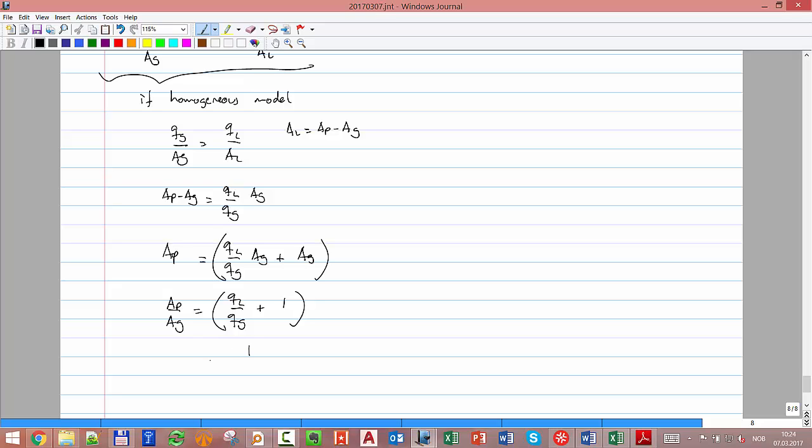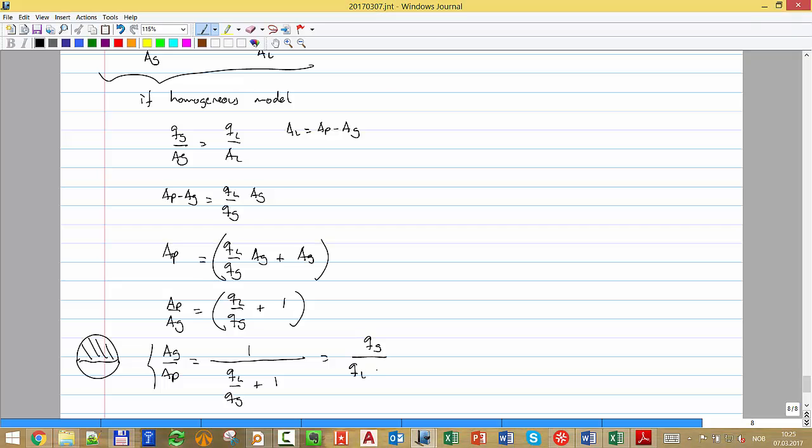Then I take the inverse of that and I obtain AG over AP, and that is a very nice number. It tells me how much of the whole pipe section is being occupied by the gas, which fraction is occupied by the gas. But remember, this is assuming homogeneous flow. So 1 over (QL over QG plus 1) gives me QG over QL plus QG.